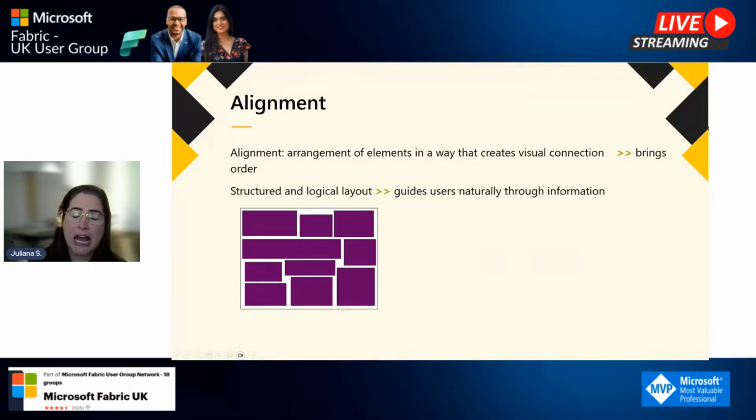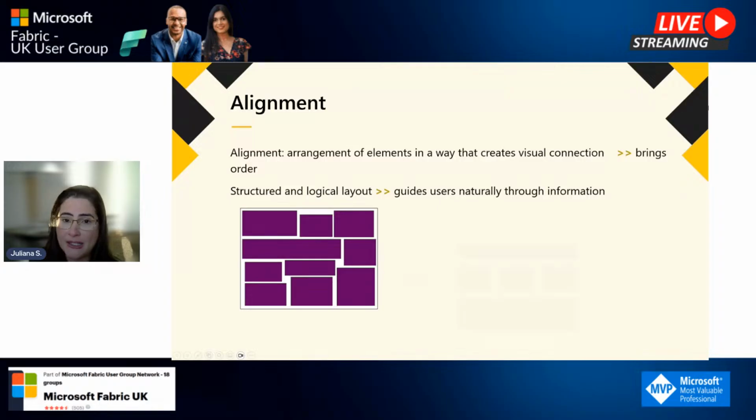Next, we have alignment. Alignment in user interface design refers to the arrangement of elements in a way that creates visual connection. So when we have proper alignment, we also ensure a structured and logical layout, and that will help guide our users naturally through information.